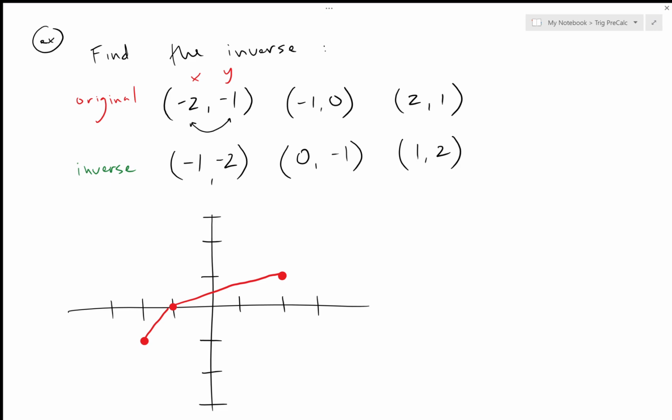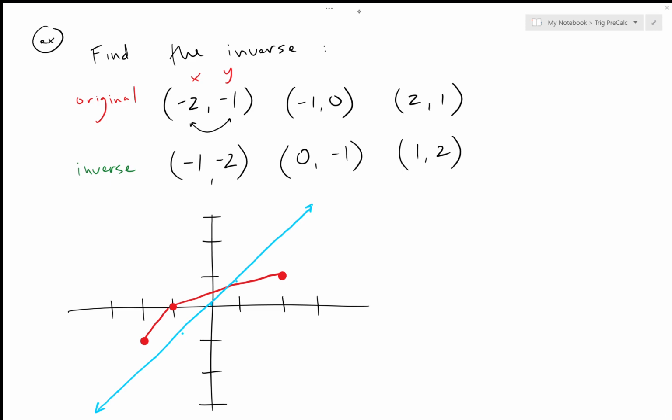All right, for the inverse points. Now, pause for a second and show us that y equals x line. Remember, it's just a diagonal line throughout here. The next set of points should be reflected nicely over this, or symmetric over this y equals x line.